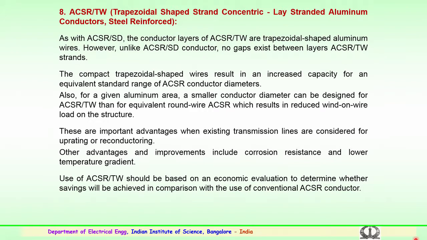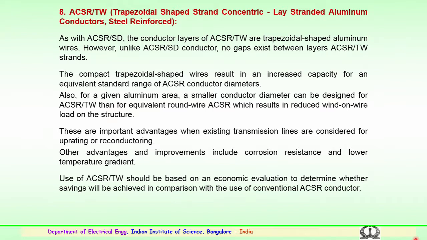The compact trapezoidal shaped wires result in an increased capacity of equivalent standard range of ACSR conductor diameters. Also, for a given aluminum area, a smaller conductor diameter can be designed for ACSR TW than for equivalent round wire of ACSR. This results in reduced wind on wire load on the structure.